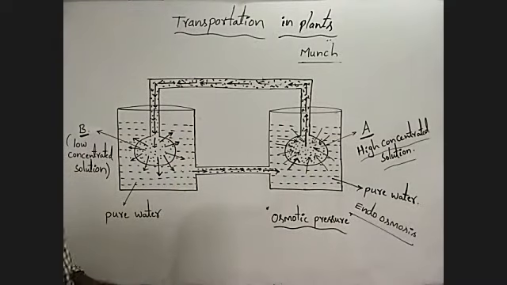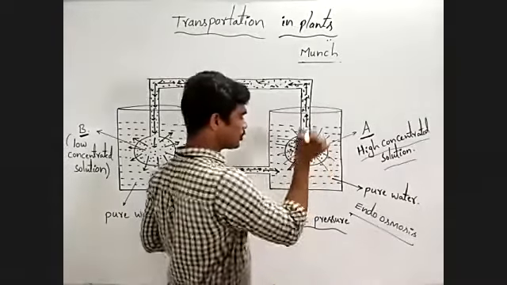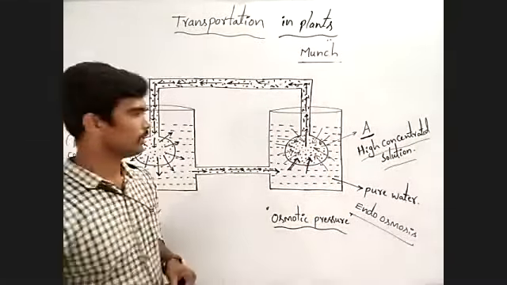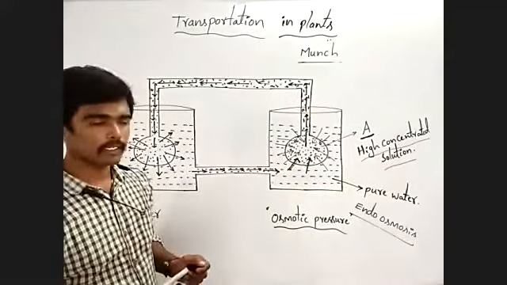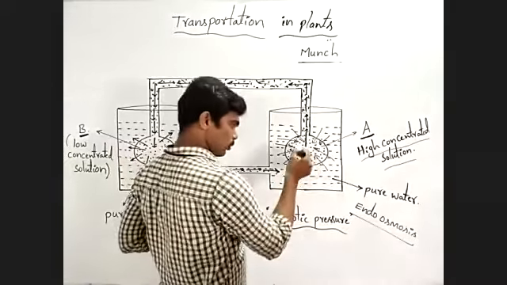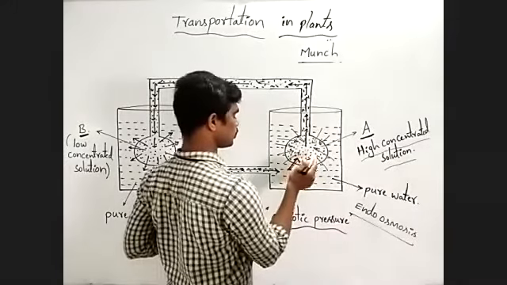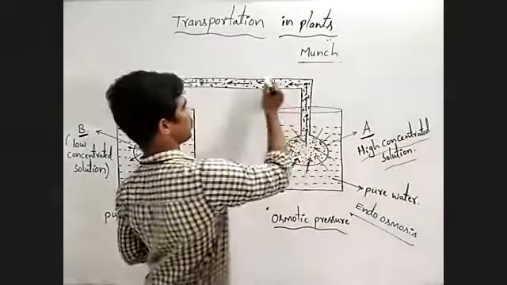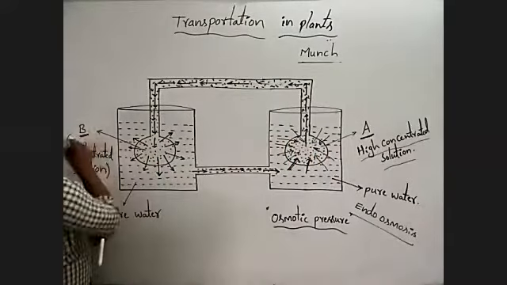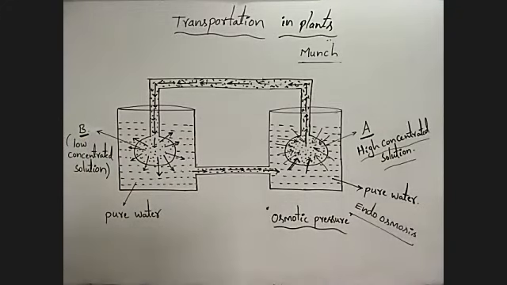Observe carefully. Water has entered osmometer A, where solutes are also present. Now osmotic pressure is created. Because of that osmotic pressure, in addition to water molecules, solutes are also transported towards osmometer B. Observe this important experiment.